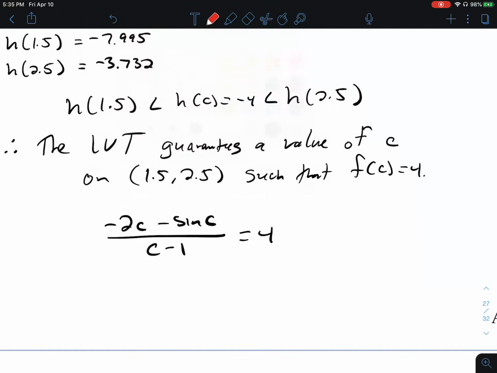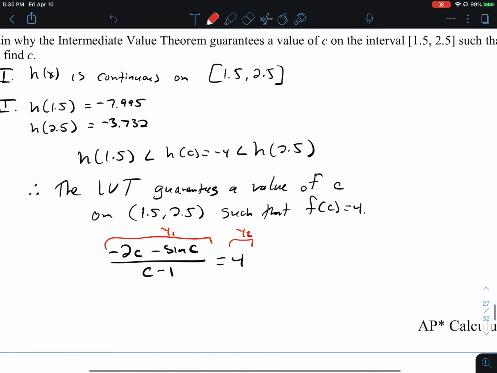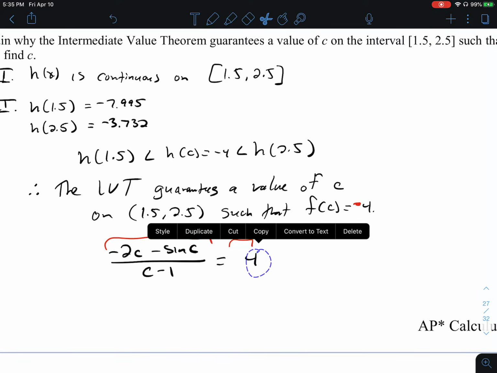What I did was I set this part here to y1, put this part here to y2, and then did second. I'm sorry, it's supposed to be a negative 4. This should be negative 4, which means this should be negative 4.